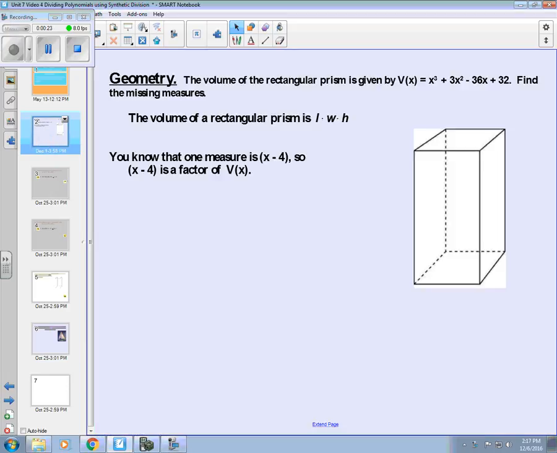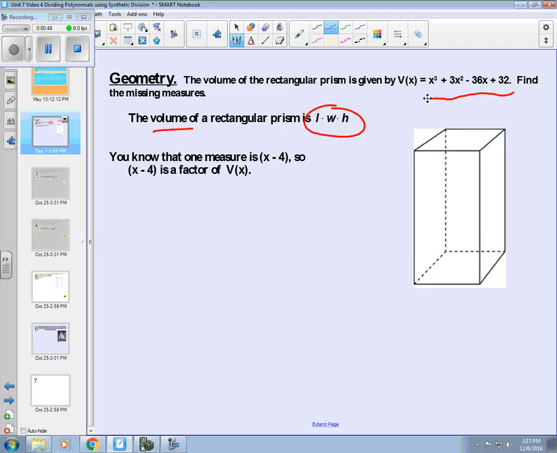It says the volume of a rectangular prism is given by this equation shown over here. Find the missing measures. Well, if you remember back from geometry, volume of a rectangular prism is length times width times height. So they tell us that one of these measures is x minus 4.